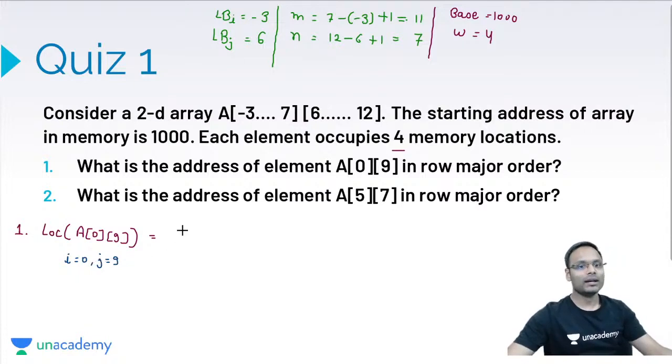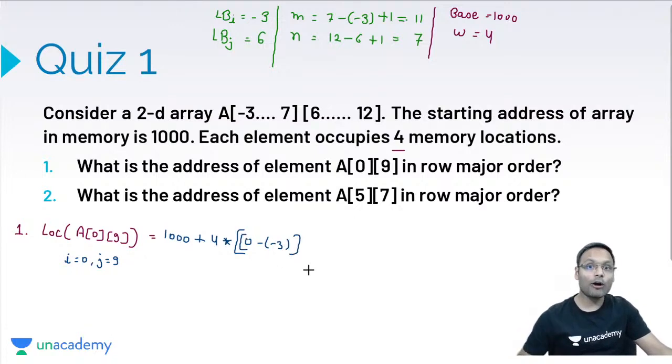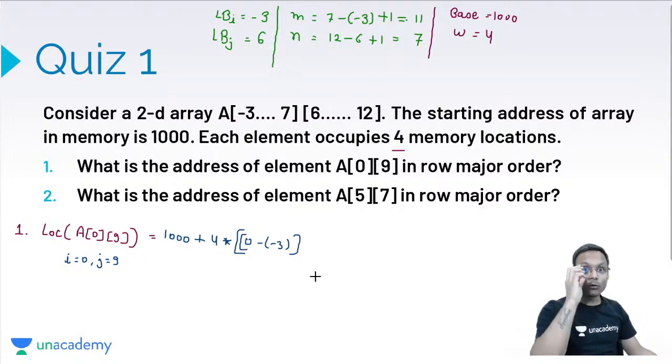Put in the formula: base 1000 plus W 4 into I, 0 minus the lower bound of I, which is -3, into the total number of columns.